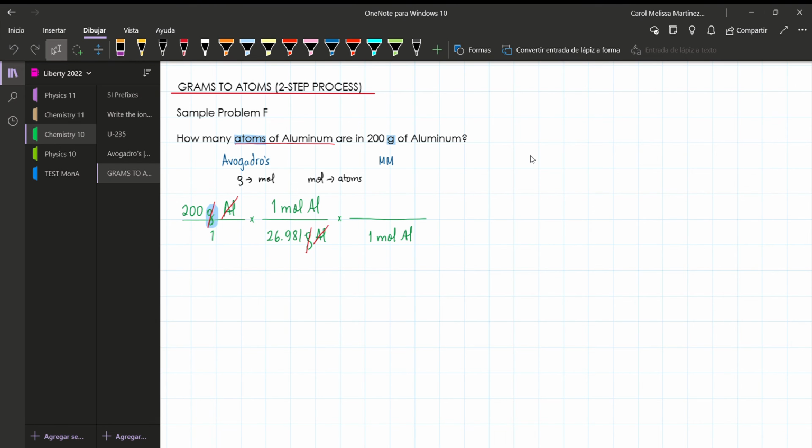How many atoms do you find in 1 mole of aluminum? The Avogadro's number. If you don't want to say the number, just say Avogadro's number. I will understand. So it's going to be 6.022 times 10 to the 23. Because the problem is asking me atoms, I'm going to write atoms of aluminum. And here you notice that we can get rid of moles with moles and aluminum with aluminum.